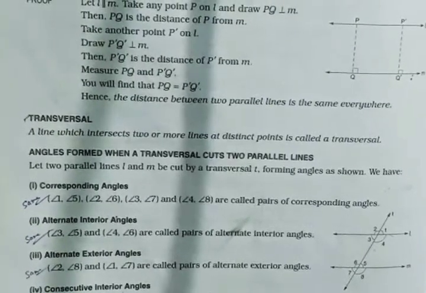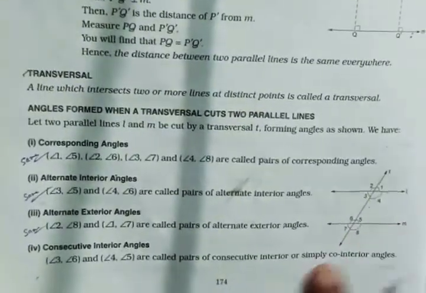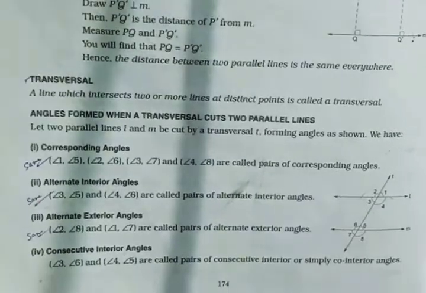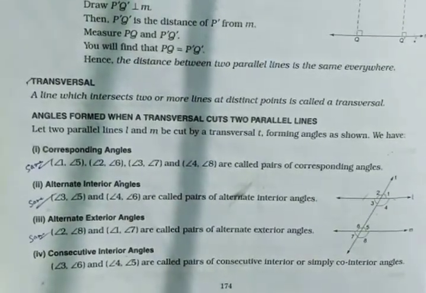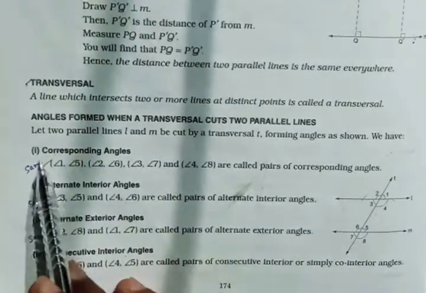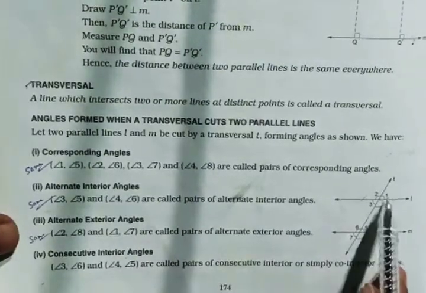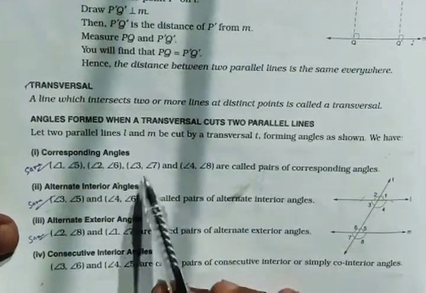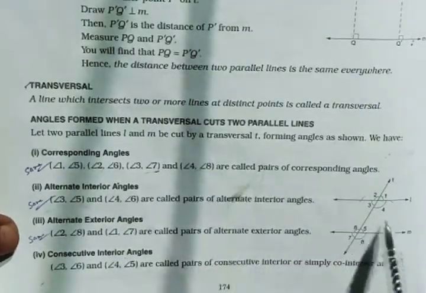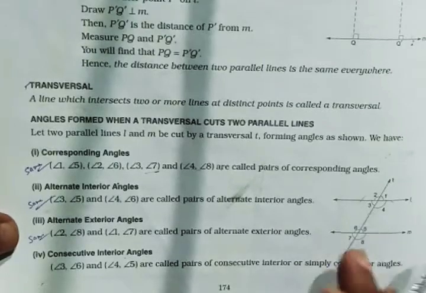Here L and M are parallel to each other, and T is the transversal. So here, angle 1 and angle 5 are corresponding angles. Angles 2 and 6, 3 and 7, 4 and 8 are all corresponding angles.